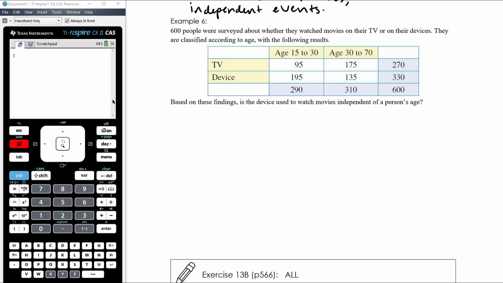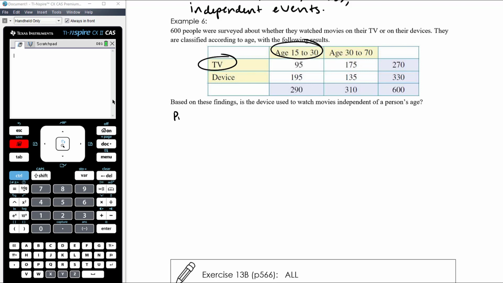If you just focus on, for example, these two, and they are independent, the other variables, which are all connected, will be independent as well. So you don't need to compare young people and device, young people and TV, old people and device, old people and TV. You can just pick one grouping, okay? So let's perhaps just go with those first two, so TV and age 15 to 30.